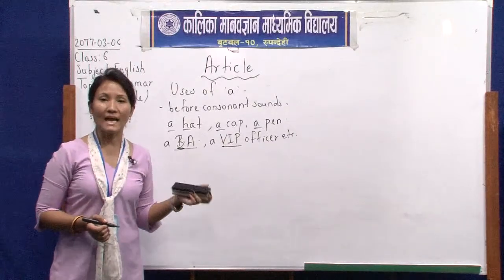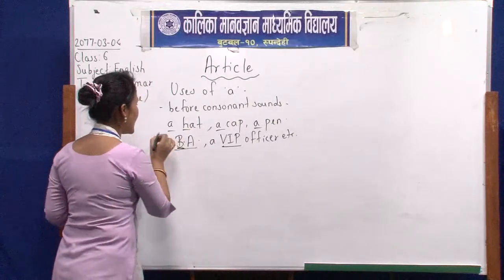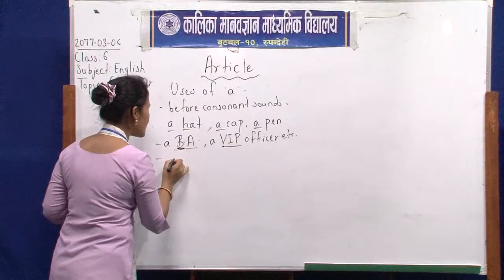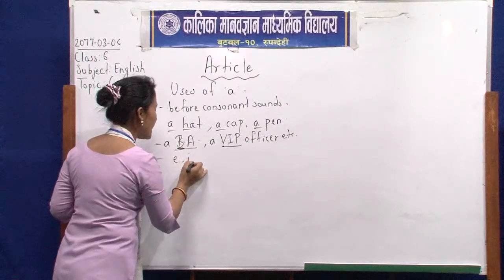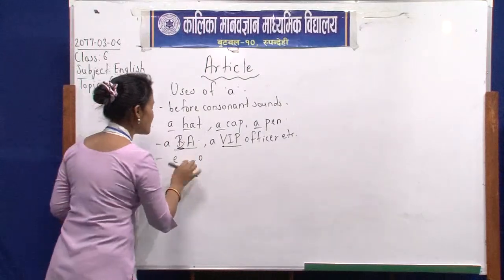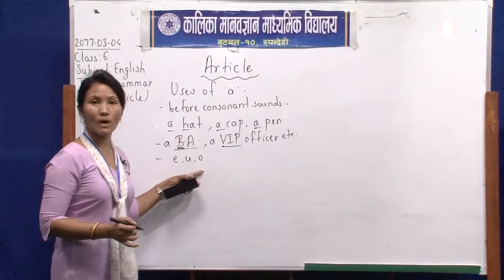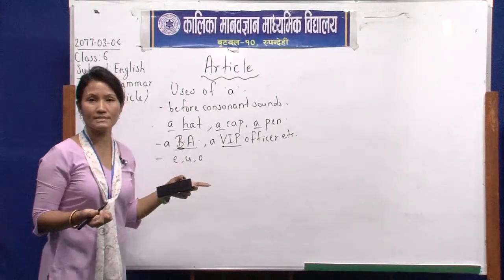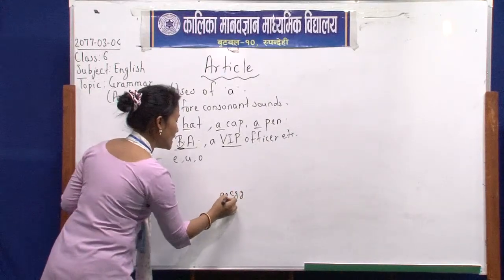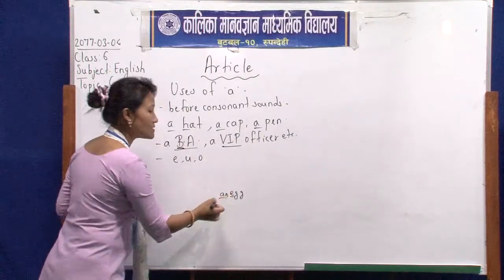Likewise, I will list here some of the letters like E, I, O. Now see here. E, U, O. These are what? Vowels. These are vowels, isn't it? Whenever we see egg, we automatically put an because the initial letter is a vowel.